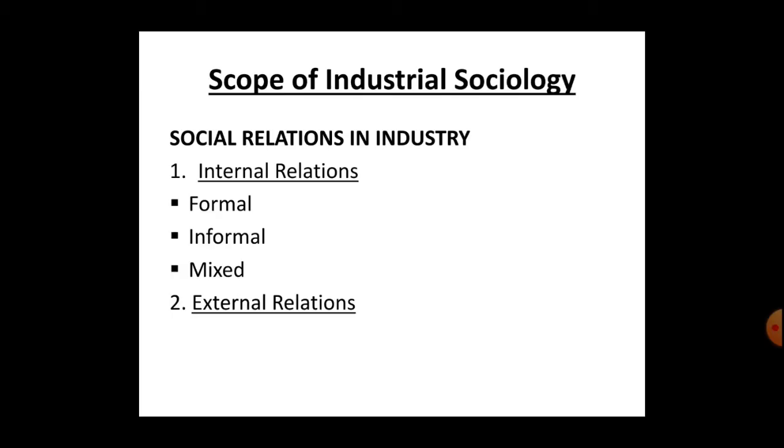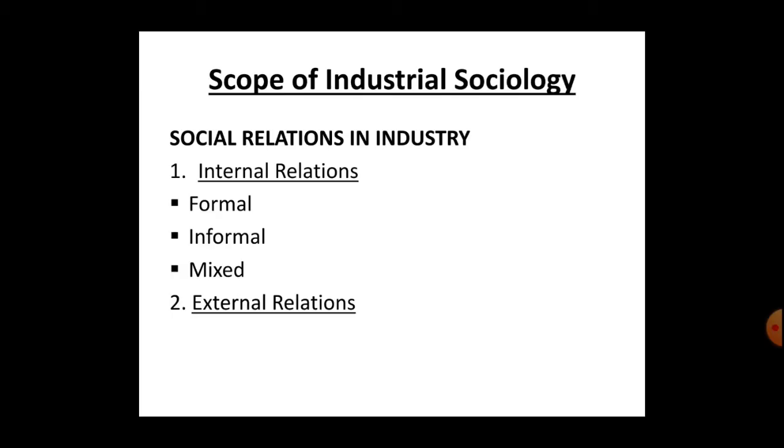In industrial sociology, we study the interpersonal relations among individuals connected directly with industries. If these relations are confined to a single factory or concern, they are called internal relations or social relations in industry.